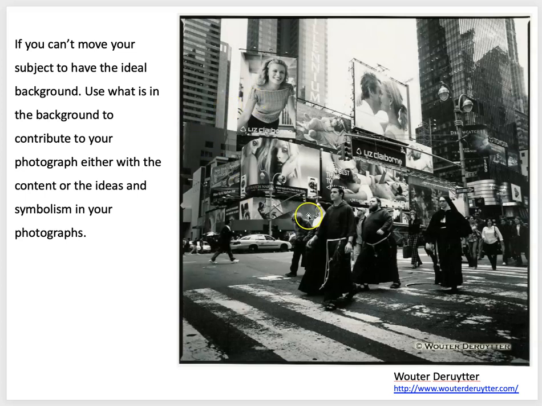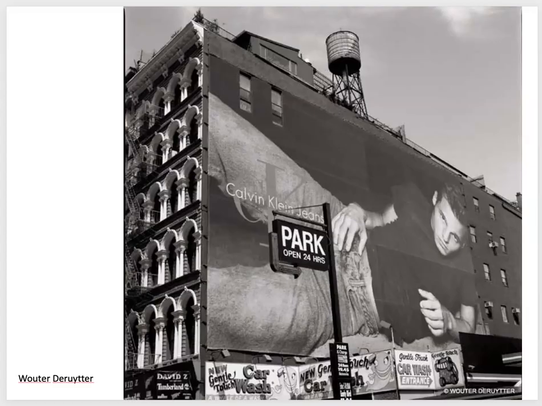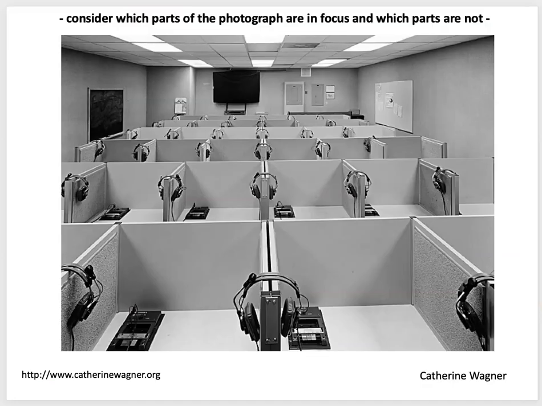And then in the background, you've got all these Liz Claiborne ads, virtually selling sex and underwear and things like that. So it's playing around with what's in the background. That's another way to navigate the background. But you need to think about the background. And you also need to think about how you line stuff up in your image, which is what a lot of these photographers do, how he's lining up this park 24 hours in a very interesting location.